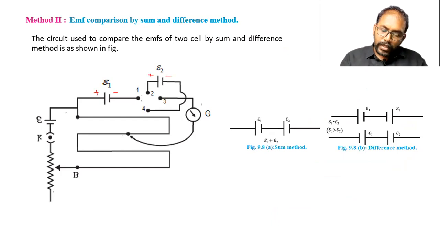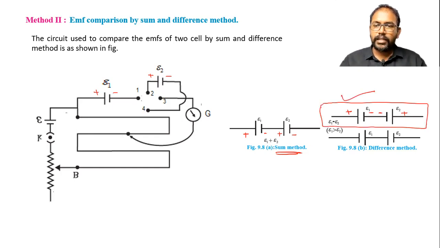Sum arrangement means the negative of cell E1 is connected to the positive of cell E2. The difference arrangement is opposite to that. The negative of E1 connected to the negative of E2 is called the difference arrangement. So we connect the cells in the difference arrangement and in the sum arrangement, and we take the measurements.